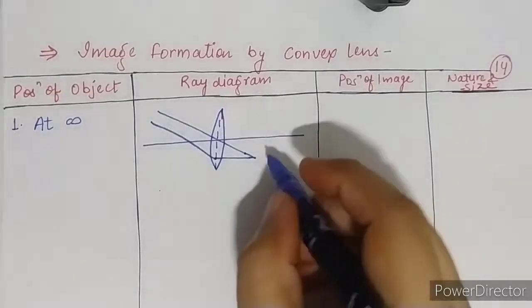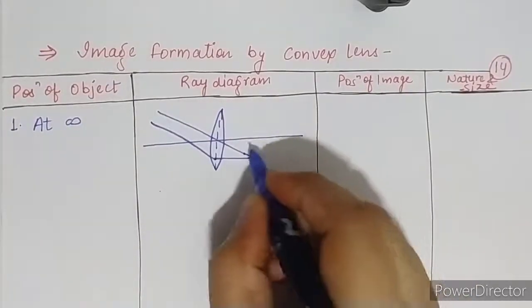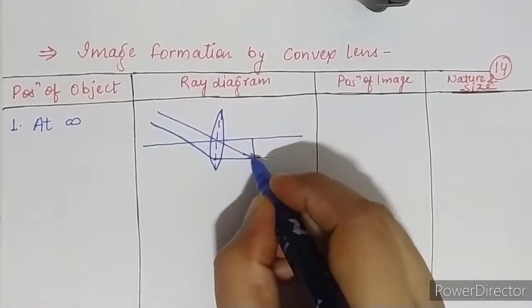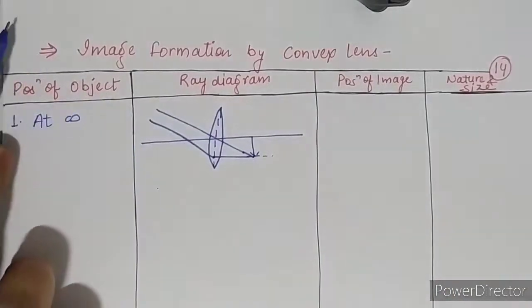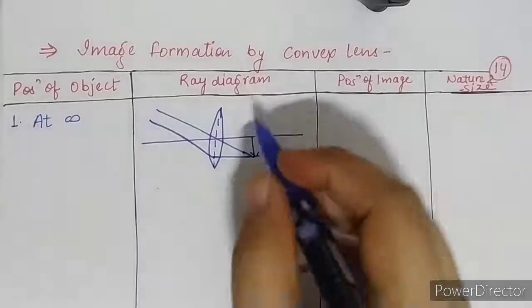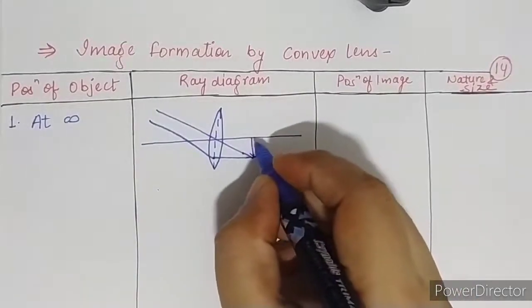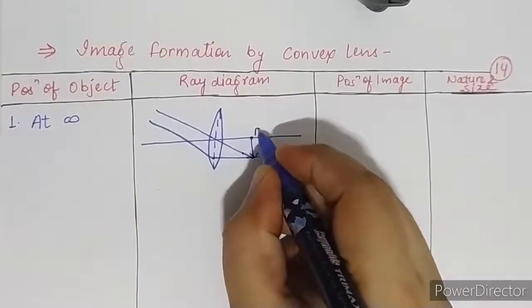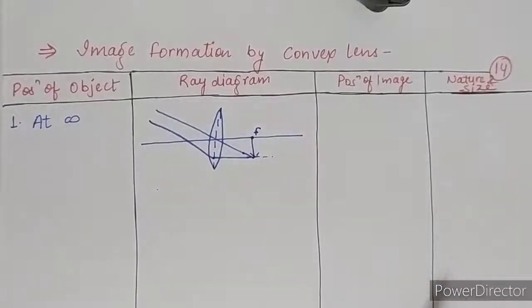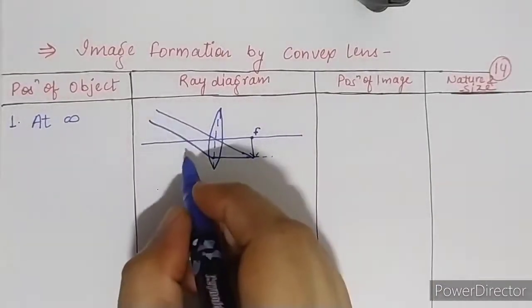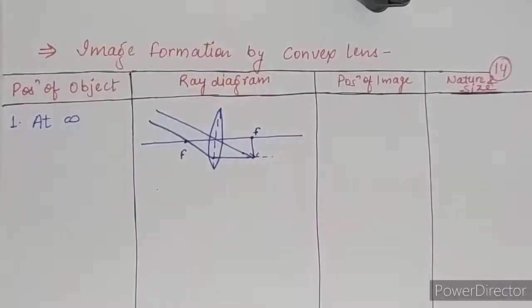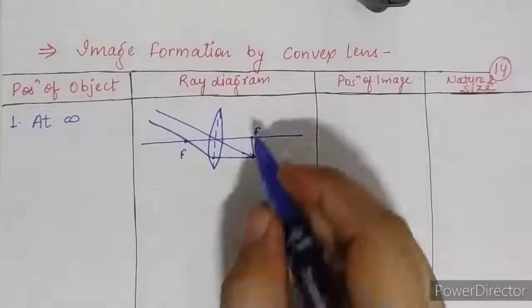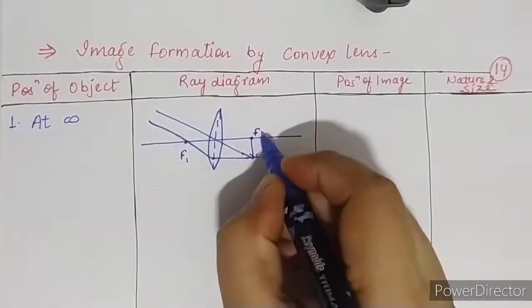Always remember that the image formed is very small, because look here, the object is very big and the image formed is very small, and it is formed at the focus point F. Suppose this is your F1, then this will be your F2.